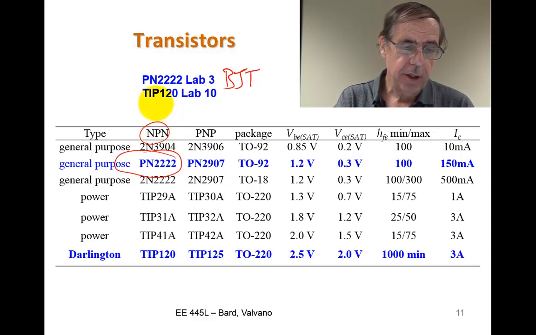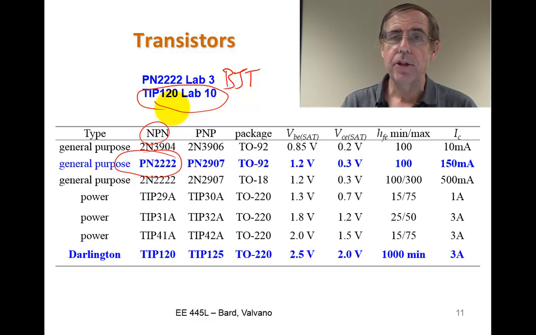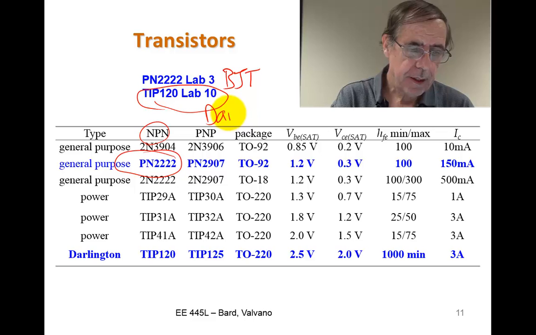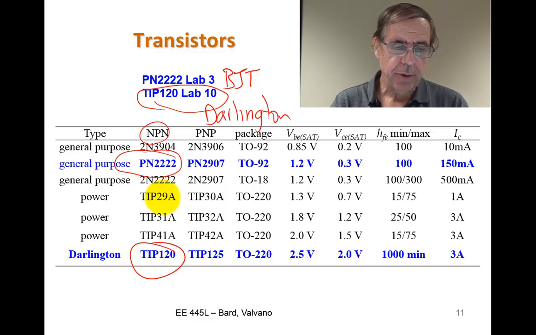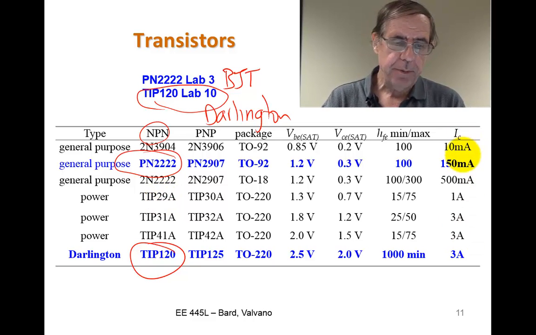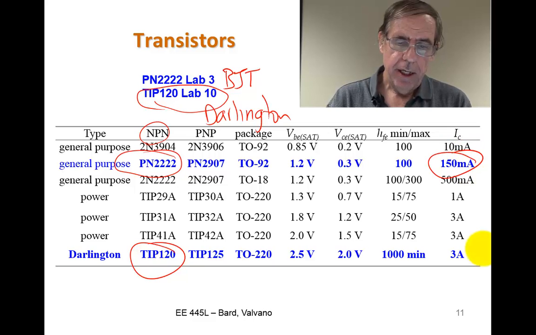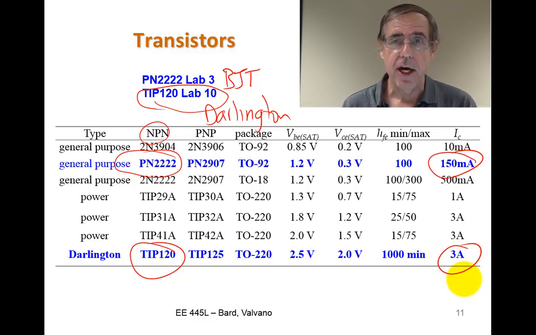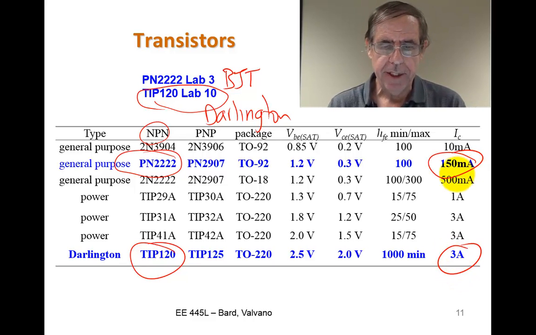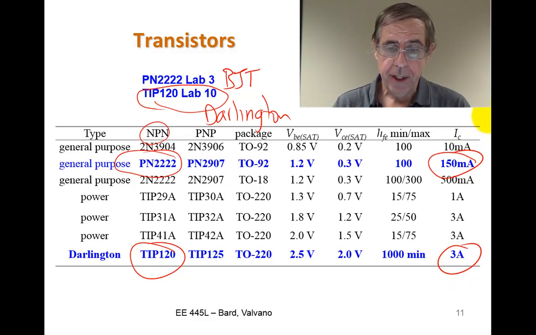Later in the course, when we get to the motors, we're going to use another transistor called a Darlington, the TIP120, which is also an NPN. The difference between a BJT and a Darlington is the amount of current the output can drive, because this one has to drive the motor, and this one's just driving headphone speakers.